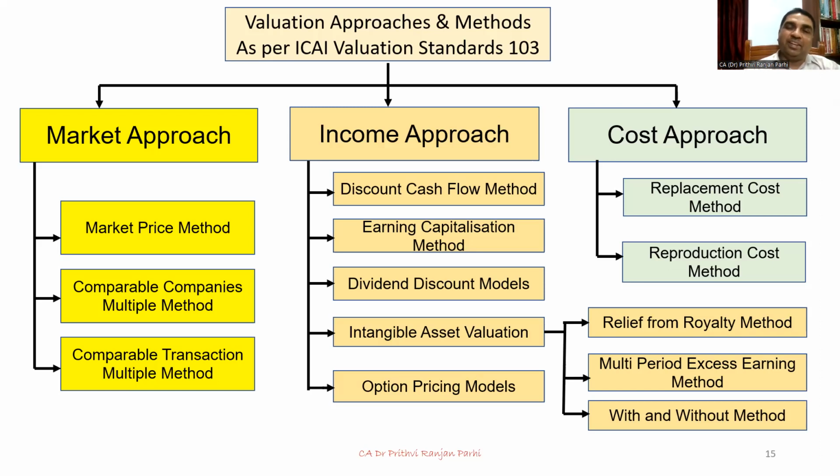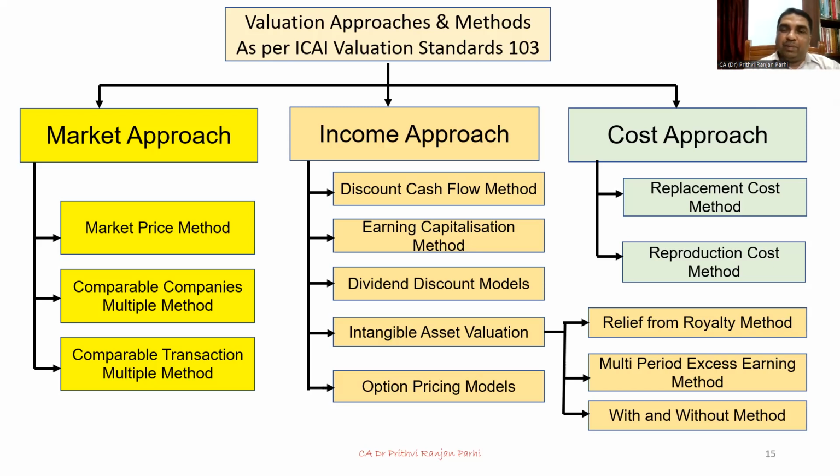Option pricing model, there are also two popular methods for that, Black and Scholes model and the binomial model, that will be appropriate. Coming to cost approach, here two methods are suggested. One is replacement cost method, where the cost required to replace the service capacity of the asset is considered, and on that basis, the value of the asset is decided.